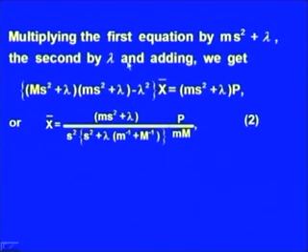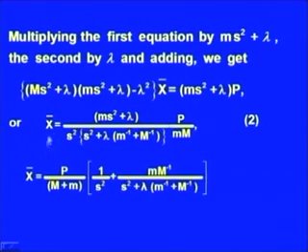By eliminating one variable y bar, we got this equation in the variable x bar, which after simplification gives us x bar equal to (m s square plus lambda) over s square times (s square plus lambda into (m to the power minus 1 plus capital M to the power minus 1)) into p by m capital M, which we call equation number 2.